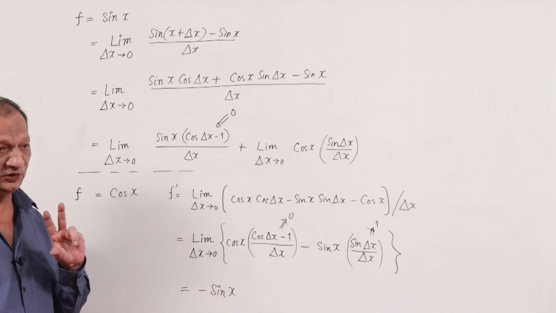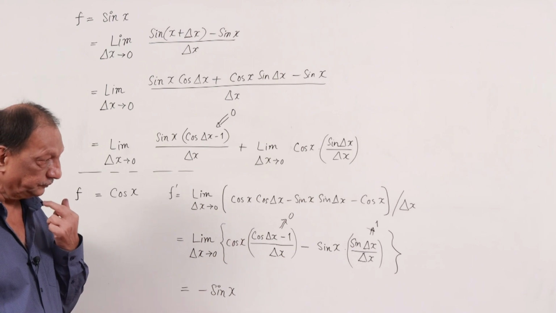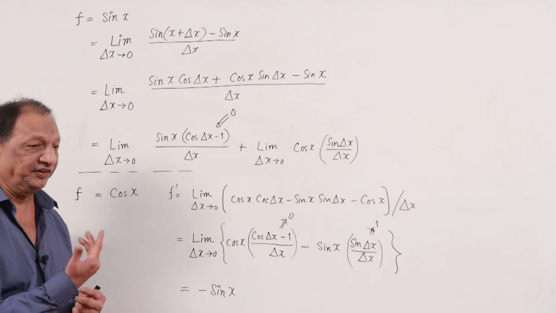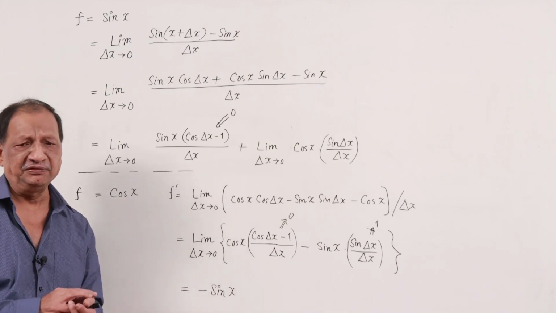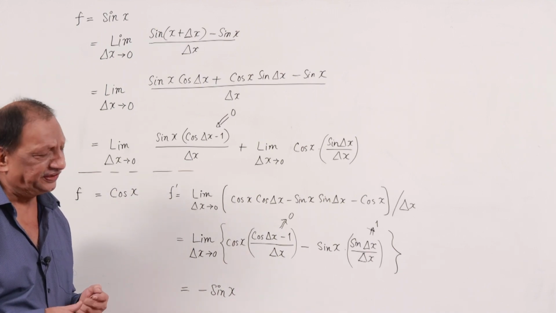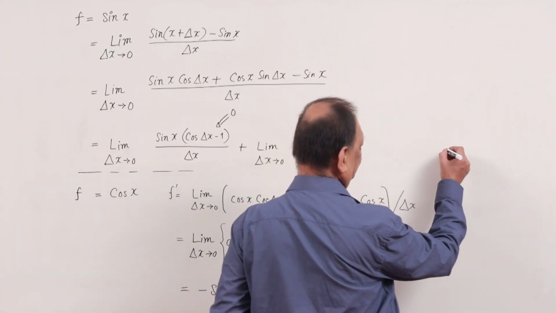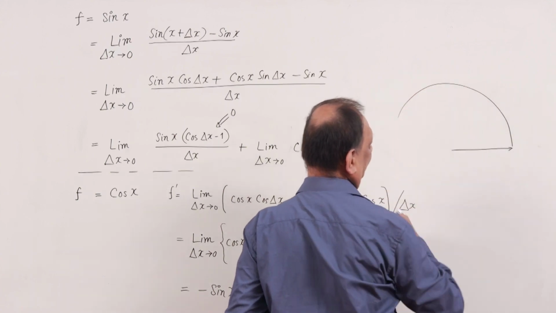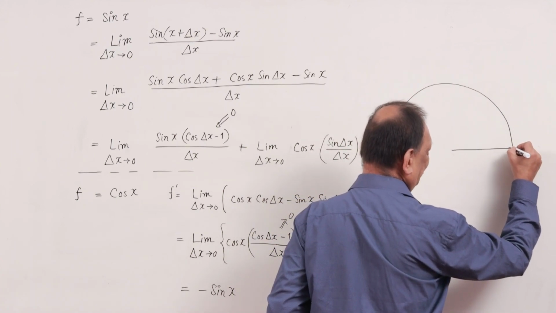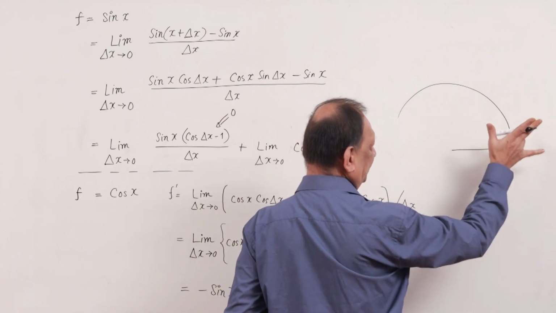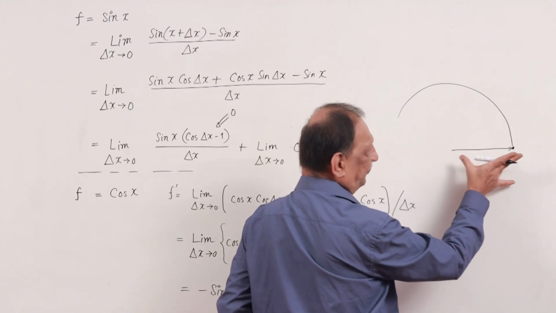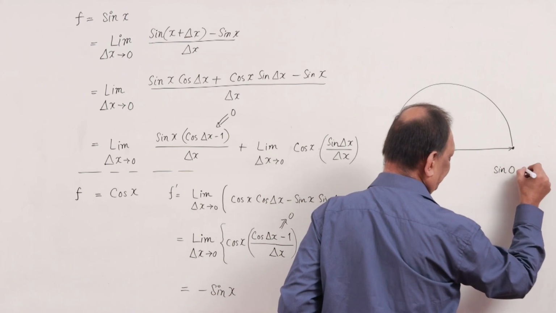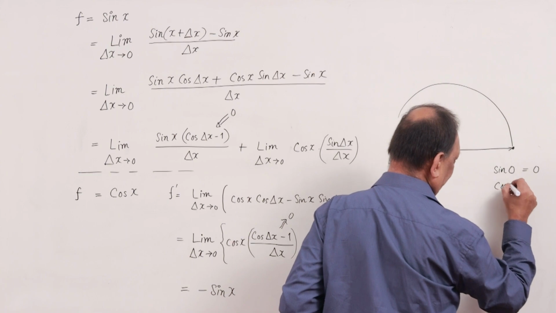So they have these two fundamental properties: they're mutually each other's derivatives, one with a positive sign, one with a negative sign. So initially you can see the parikramana or the walk around the circle. At the starting point, the opposite side is 0, the adjacent side is the radius. So that means sin 0 is 0 and cos 0 is 1.